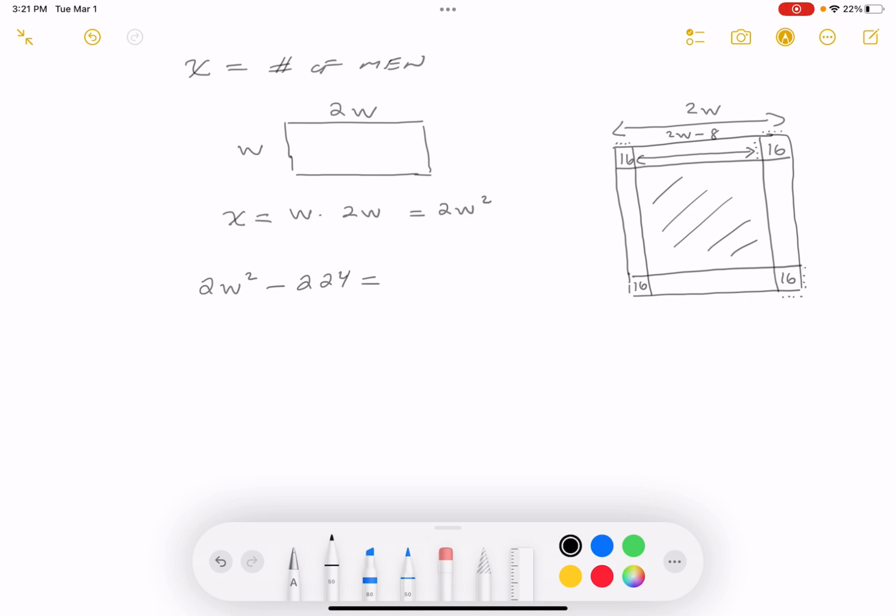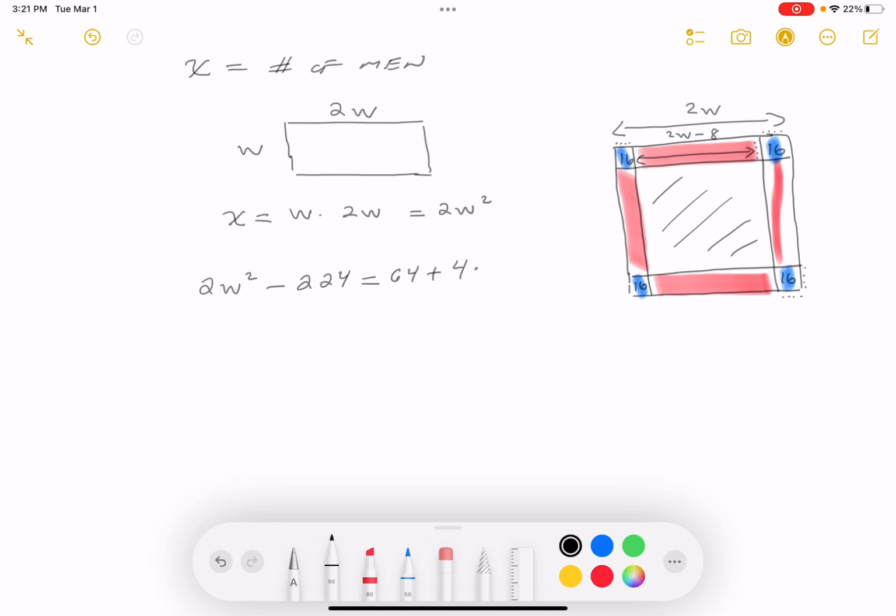All right, I'm going to start counting things up one at a time. I'm just going to do the corners now. How many men are there? 4 times 16, which is 64. And then I've got to account for this. There's going to be 4, but they're identical. Let me write it down for you.